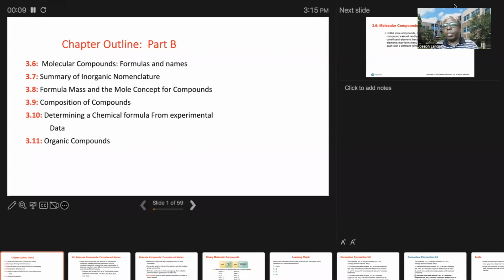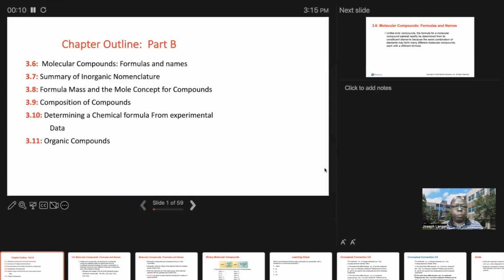We will look at the criteria by which we name the molecular compounds. The summary of inorganic compounds, formula mass, how to find the molar mass of a compound given the periodic table, the mole concept and compounds, and determining the empirical formula. And lastly, in section 3.11, organic compounds.